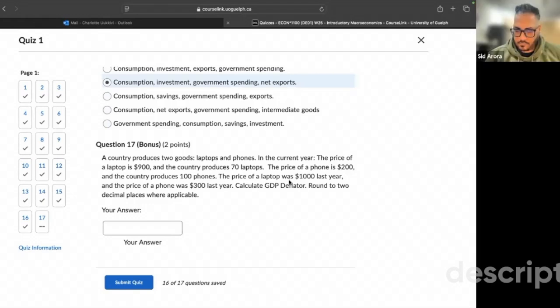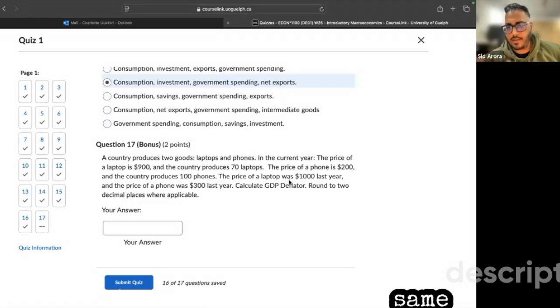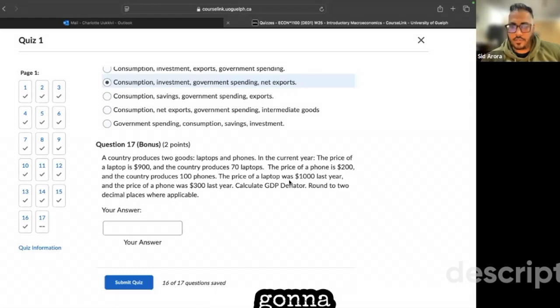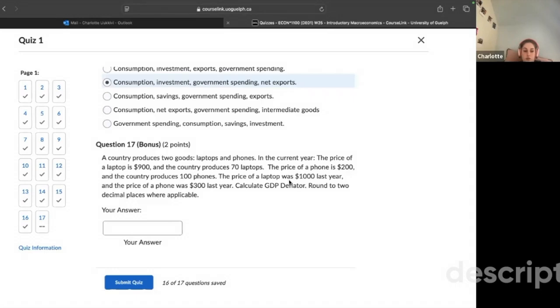The quantity is the same, but the prices are different. You'll use the same formula, but instead of the 900 price for the laptop, now you're going to use 1,000, and instead of the 200 price for the phone, now you're going to use 300. So 100,000 for the second one.